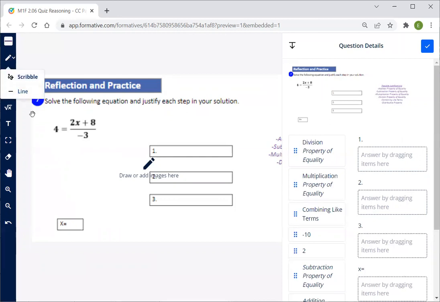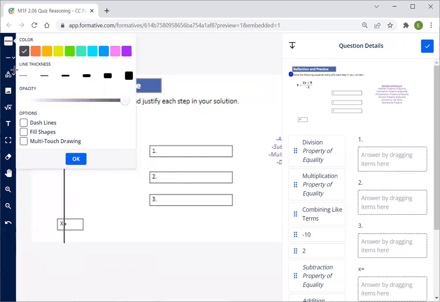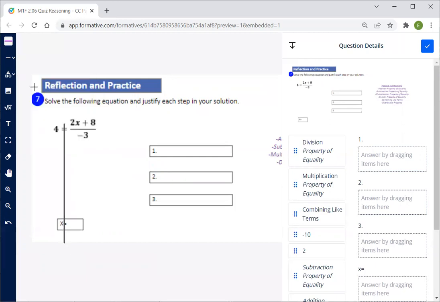Okay, I'm gonna go ahead and draw my line down the middle. So we want to get rid of this -3 first, and it's being divided. So we have to multiply by -3 on both sides. Okay, we got to get rid of that denominator first.